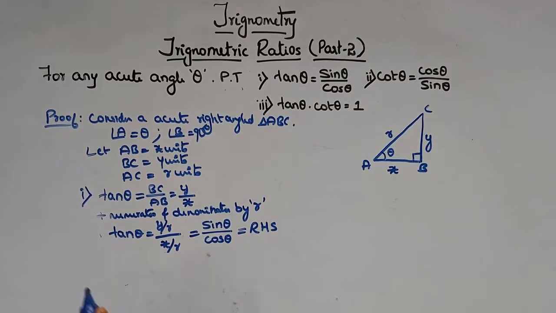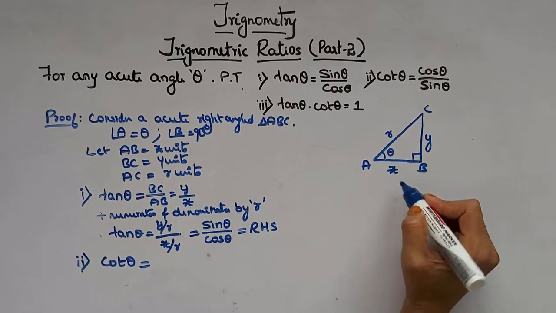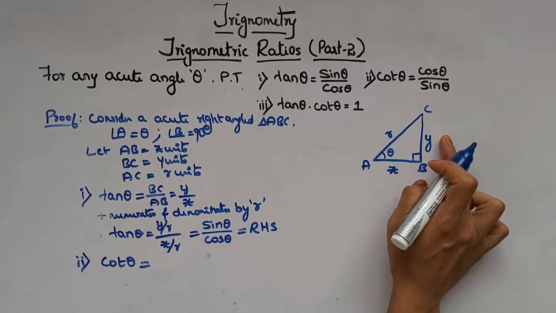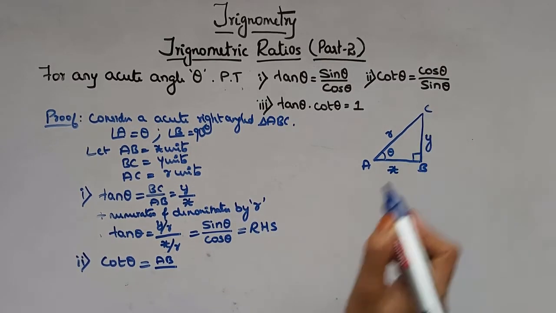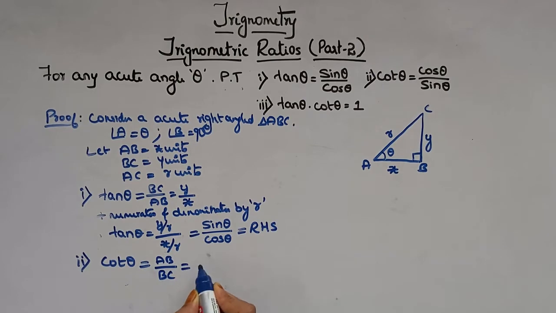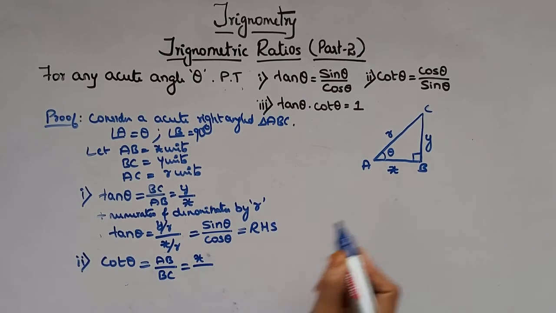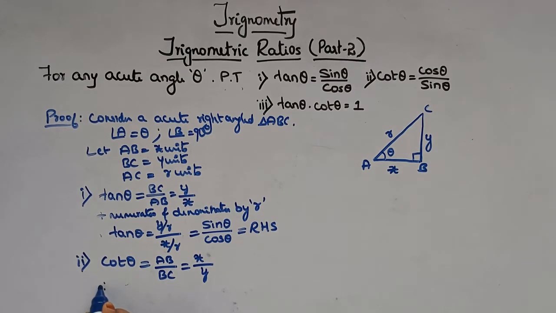Now let's take the second one. We have cot theta, which is your LHS. In the diagram, cot theta is nothing but adjacent by opposite. Here adjacent is AB and opposite is BC, so AB is x by BC is y, right? Now again let's divide the numerator and denominator by r.